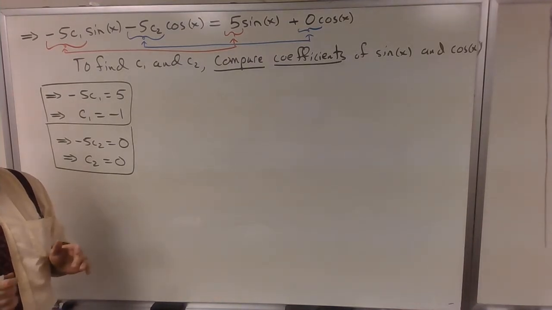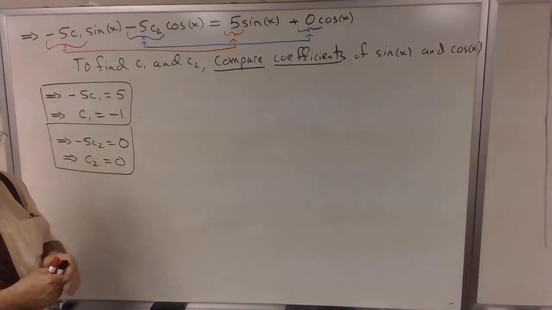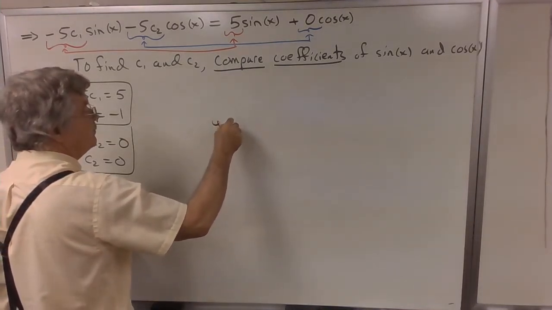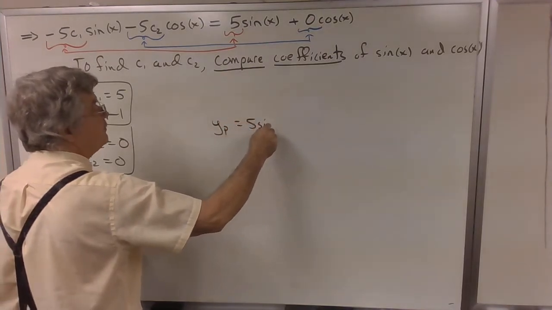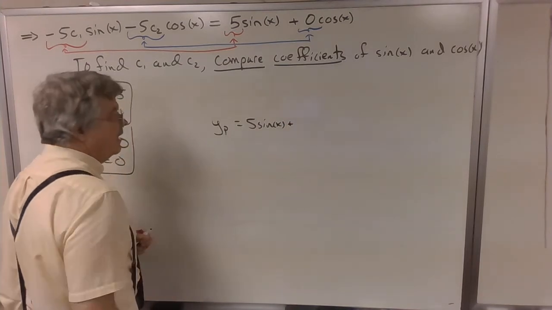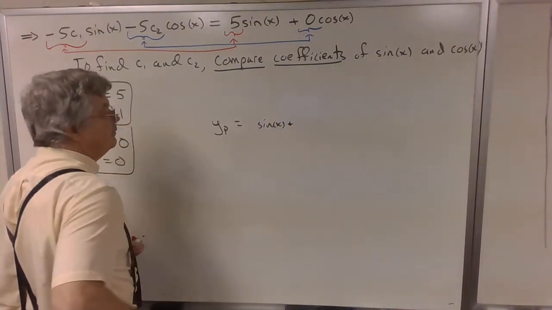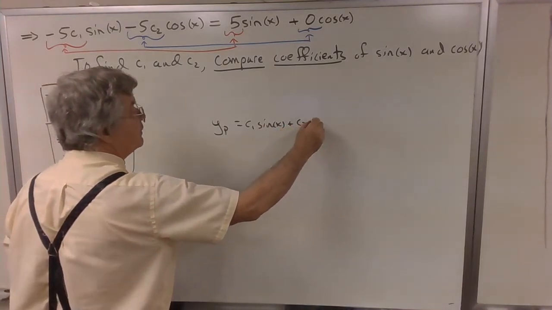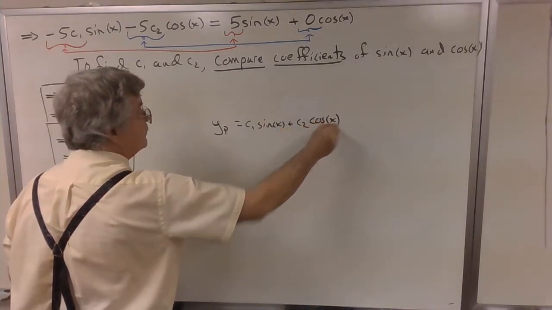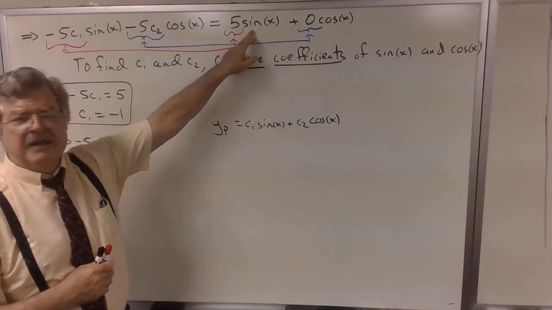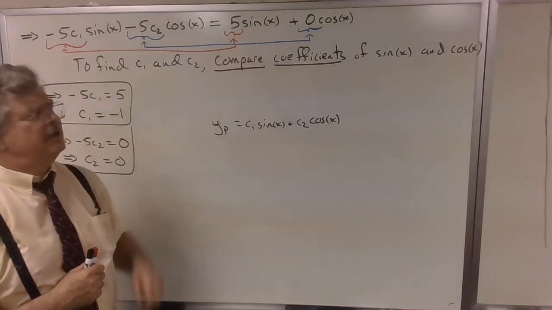Oh, but what if there is no cosine? See, we assumed the particular solution was c1 sine of x plus c2 cosine of x. And we might be wondering, oh, but there's only a sine of x here. There's no cosine of x. What do we do?